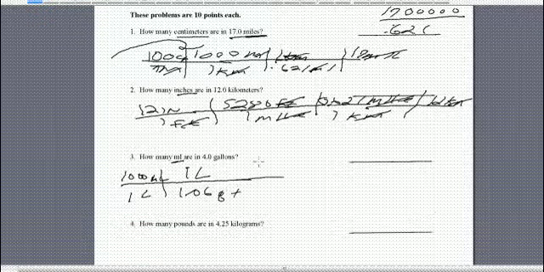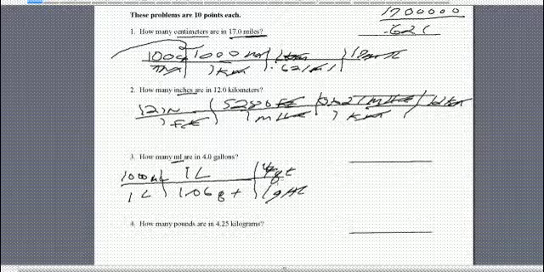You should know that there's what, 4 quarts in a gallon. This is a 4 right here per gallon. How many gallons did they give me? They gave me 4. 4 gallons.